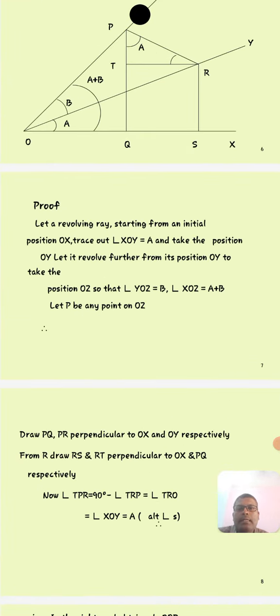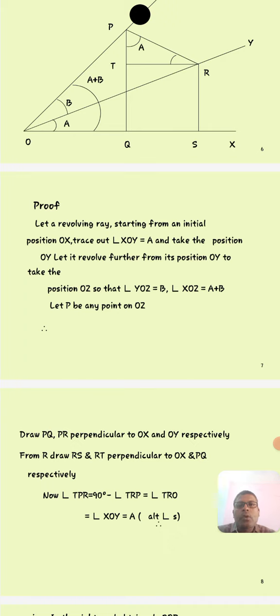Let a revolving ray starting from an initial position OX trace out angle XOY. You observe angle XOY is equal to A. Take the position OY.